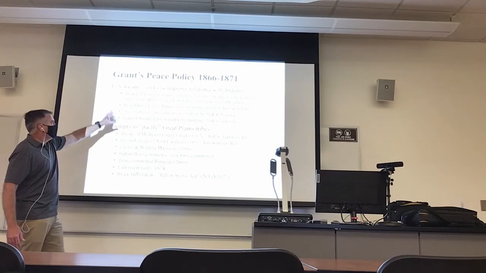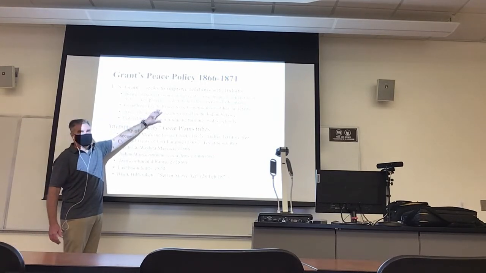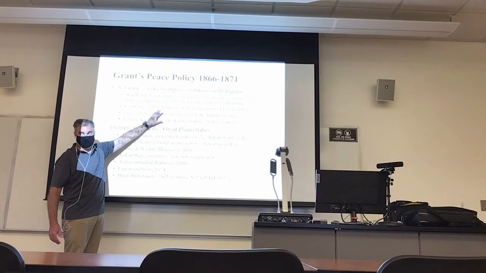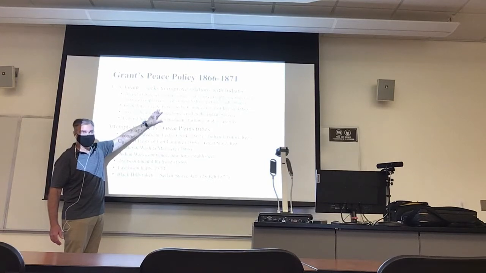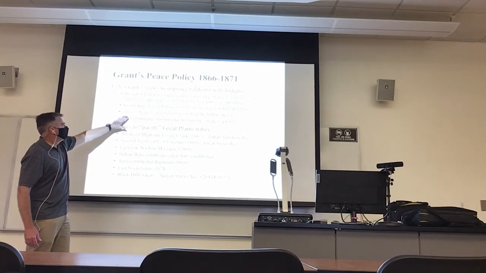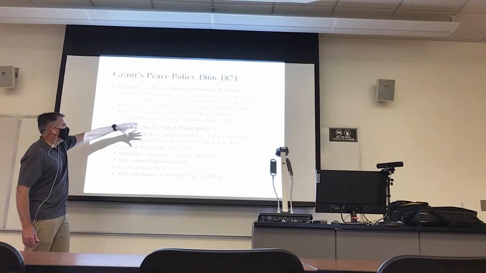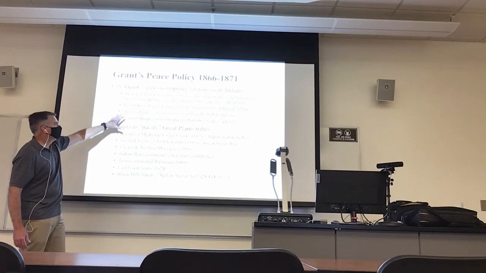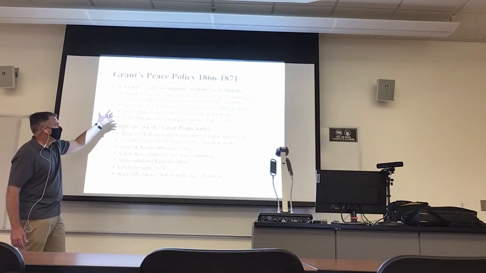So what Grant did, and Eli S. Parker, I'll say right now, was a Baptist. His father was a Baptist preacher, in fact. Okay, that's all I'm going to say for now. What he did was he put Parker in charge, and Parker informed Grant of the best thing we could do.